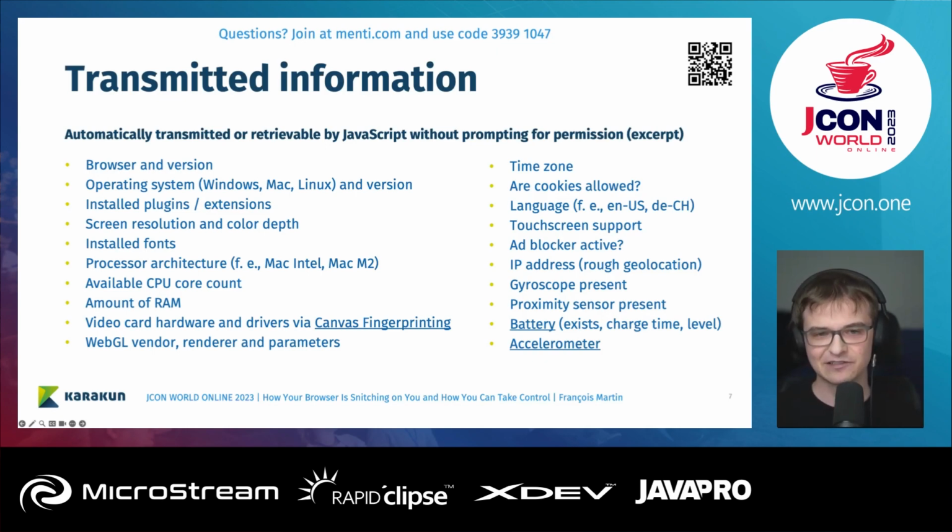And interestingly, also the accelerometer. Your smartphone uses this mostly, for example, to know if your phone is vertical or horizontal, to show the right orientation.